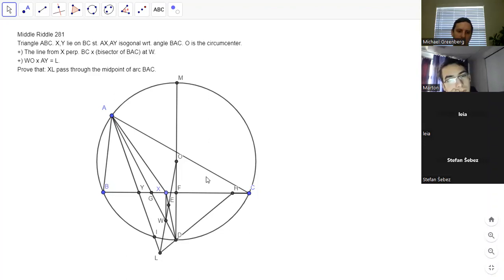Since AY and AX are isogonal, there is a projective transformation which sends line AX to AY, since this is just a reflection about the line.